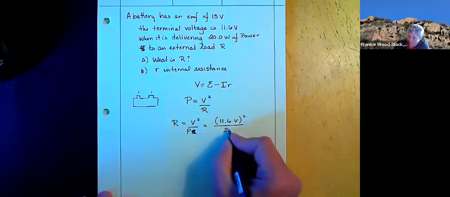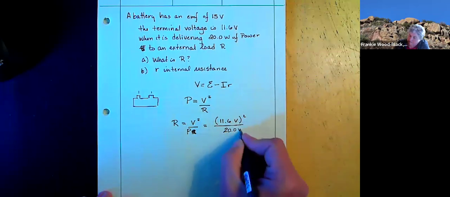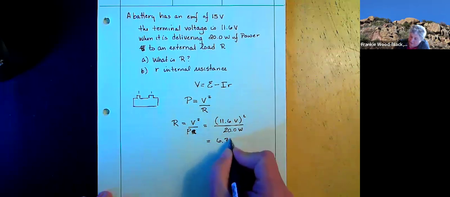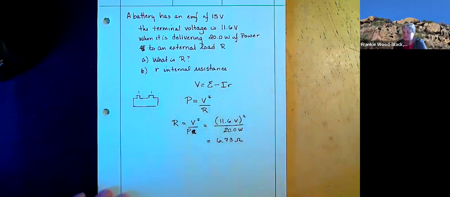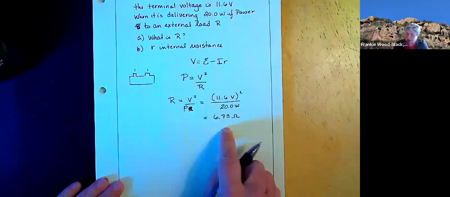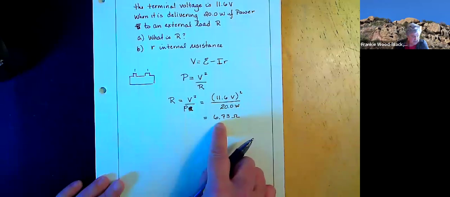And we said we have 20 watts of power. If I plug that into the calculator, I'm going to get 7.3 ohms. So now we know what my big R is.